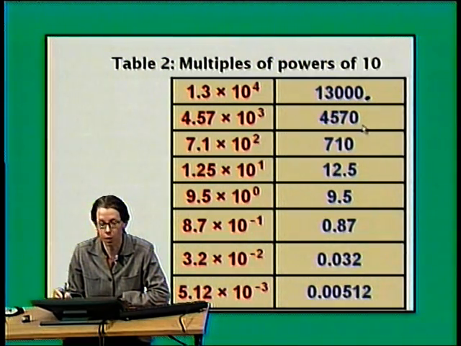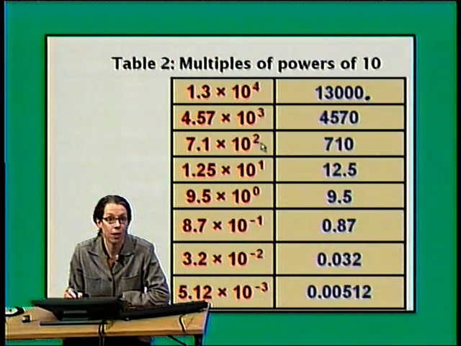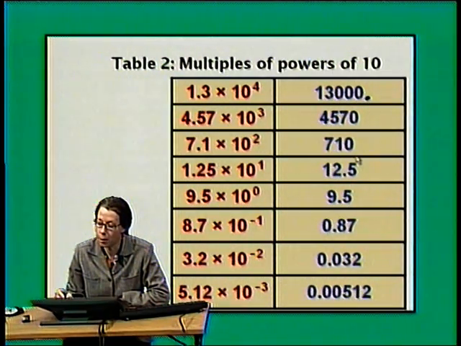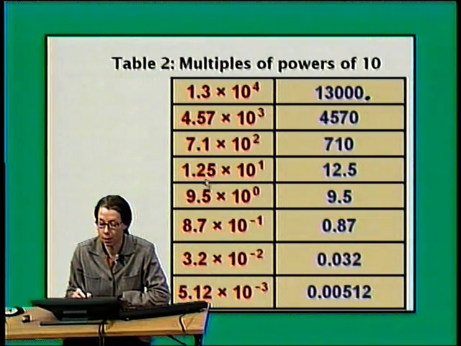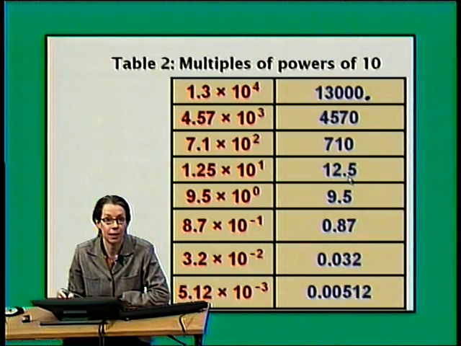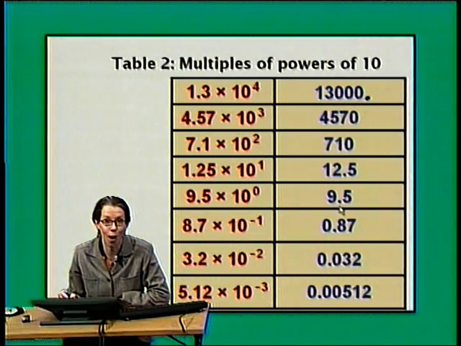If we multiply a number by a power of 10 with a positive integer exponent, is the decimal point in this case moving 2 units to the right? 7.1 times 10 squared, it worked. We got 710. 1.25 times 10 to the 1, did the decimal point move 1 place to the right? It did. How about 9.5 times 10 to the 0? Did the decimal point move 0 places to the right? It did. It didn't move at all.